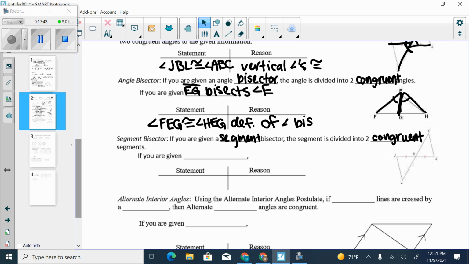So, for example, if you were given some figure like this, and they wrote as a given statement that B, which is this point right there, if they said that point B bisects that whole line segment, which is, what is those letters, J, A, then I would know that the first piece of that line should be equal to the other piece of the line, right?